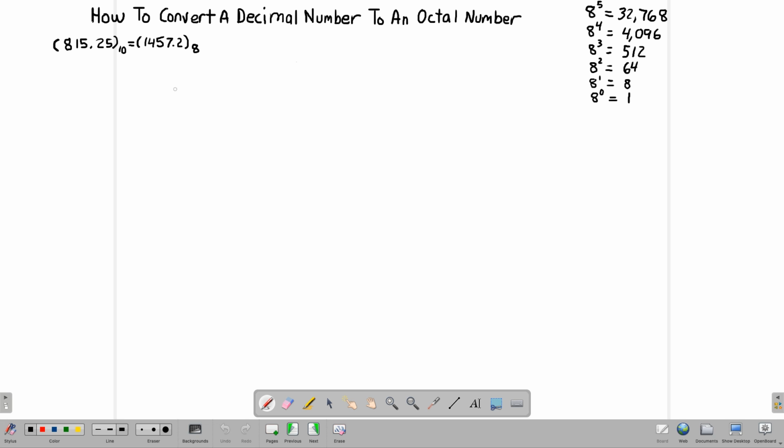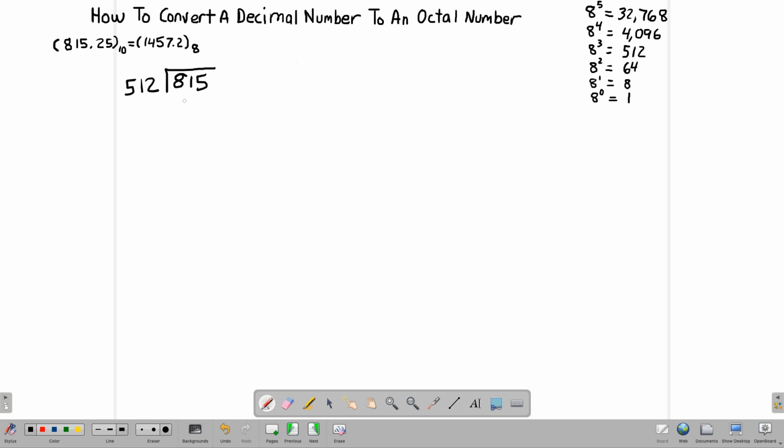We take the value 815 and we're going to divide by the highest multiple of 8 without it being greater than the value 815. In that case, it's 512, which is 8 to the 3rd power.